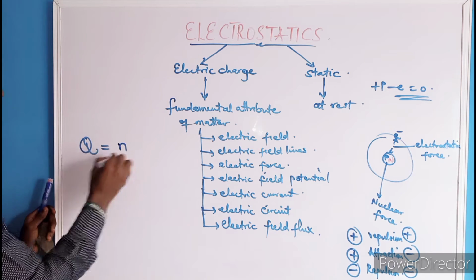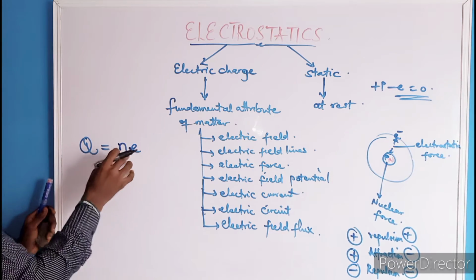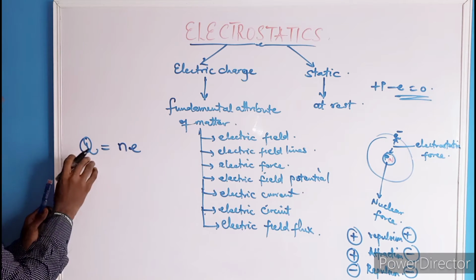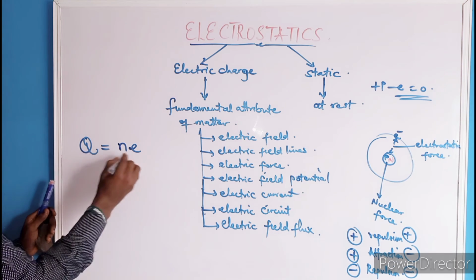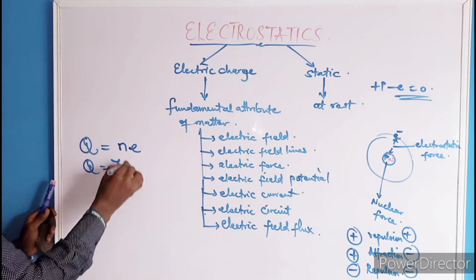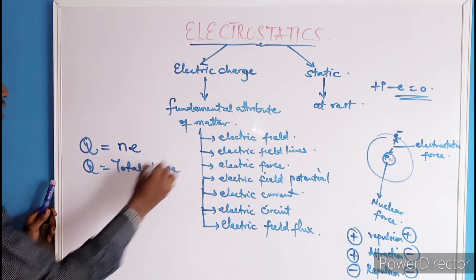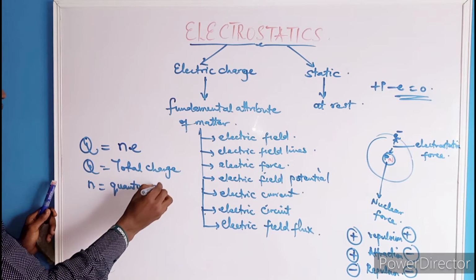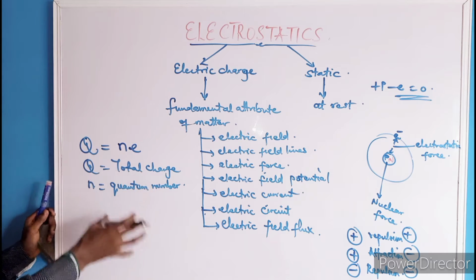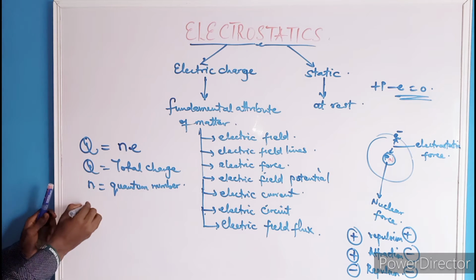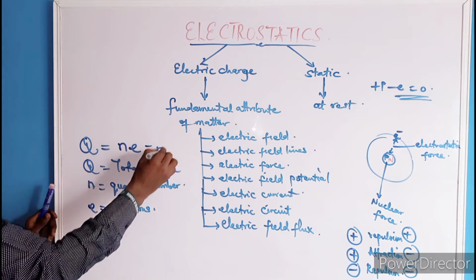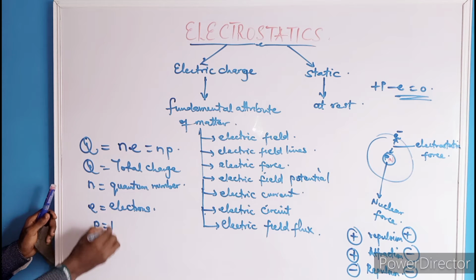The number of these protons, that is the multiple, times the charge of each is equal to the total charge. So here, Q is the total charge, where N is the quantum number. This refers to the total number of electrons or protons that make up a charge. And E is the electron charge. Sometimes it might not be electrons, it can definitely be protons, and here you can have P for protons.